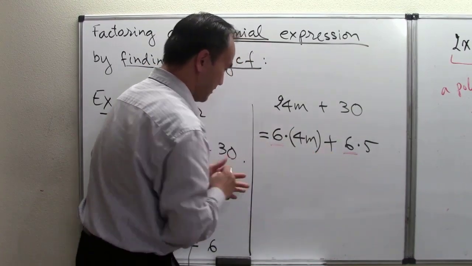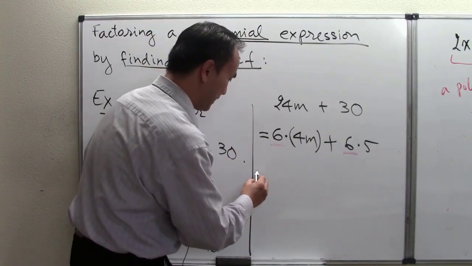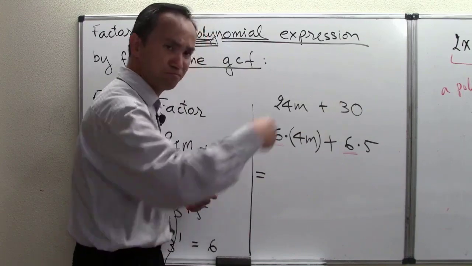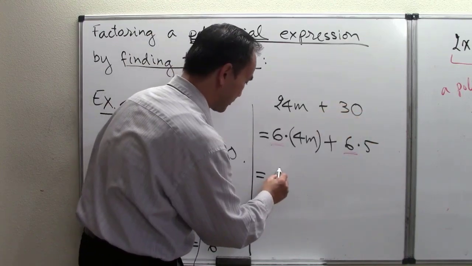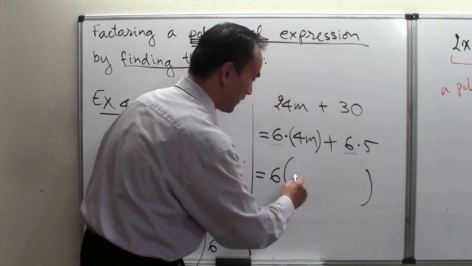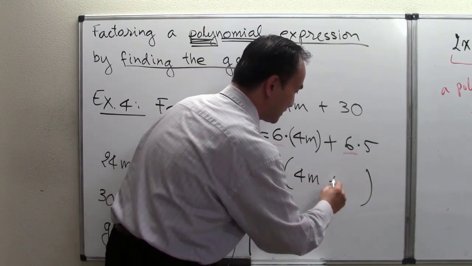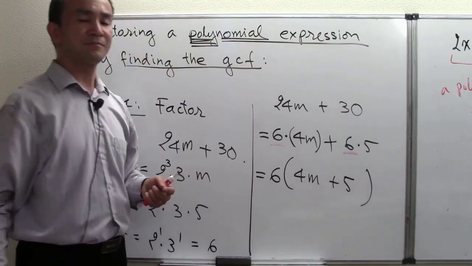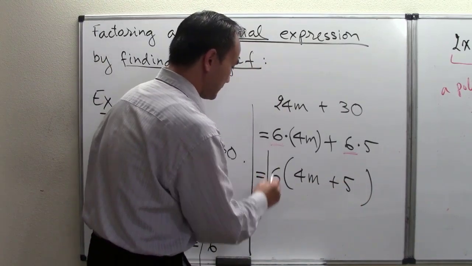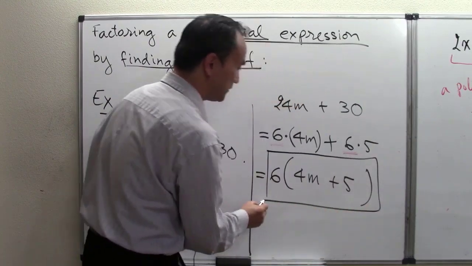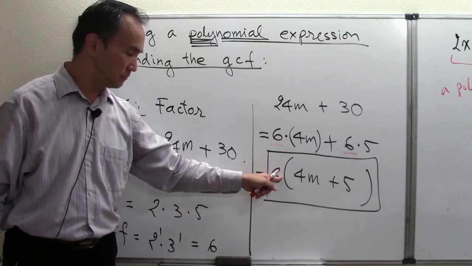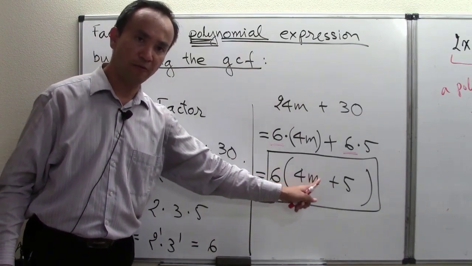And it's added. So the distributive property allows us to, once again, use things that we've learned back in some courses long ago. We bring out the 6, we keep a 6 out. Okay. Now in parentheses, you can do the following. Just simply 4m plus 5. All right, so ladies and gentlemen, this is our final factor product right there. 6 in product with the sum 4m plus 5.